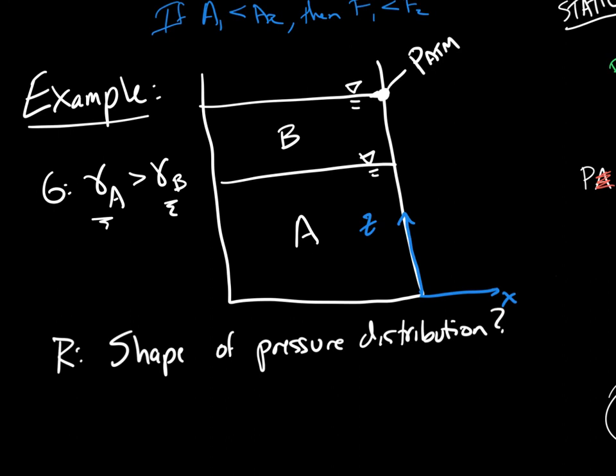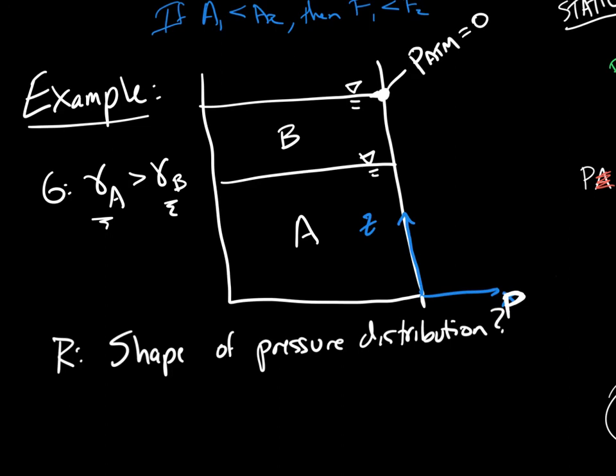We could make it absolute, 101.325 kilopascals, but I think it's going to be easier to make it 0. So actually, this won't be the x-axis; this will be the pressure axis. We've got a value of 0 right there.